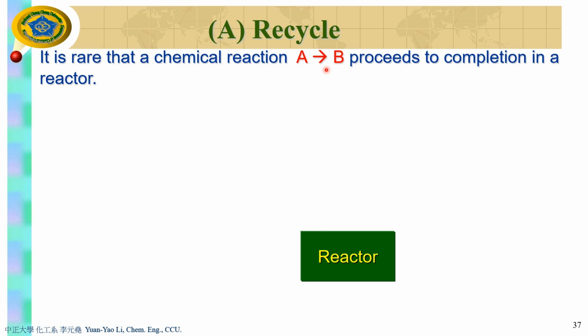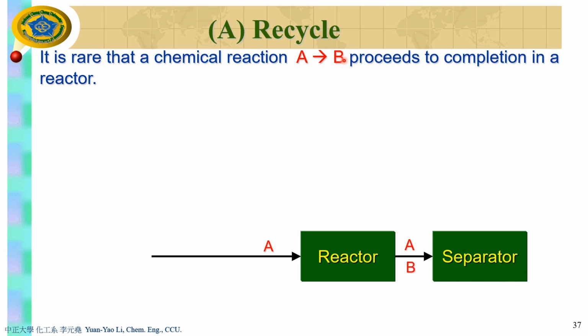So what can you do? You have A and B, so the good thing is, can you build a separator to separate A and B, and then you get the product B, and you recycle A?